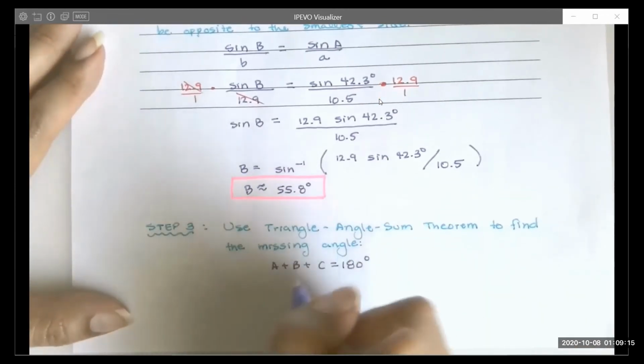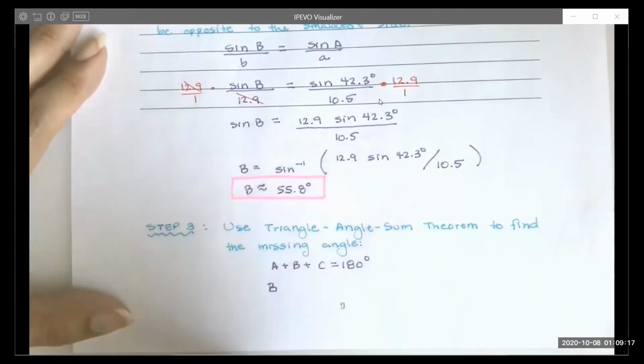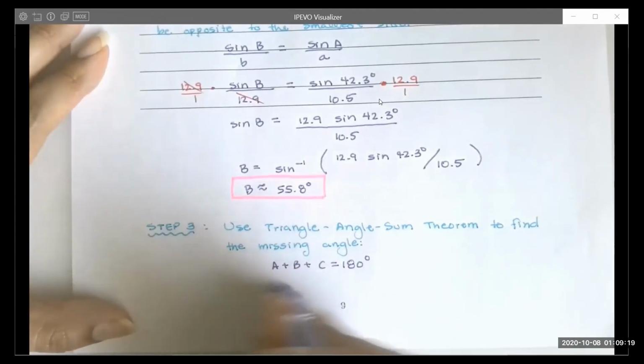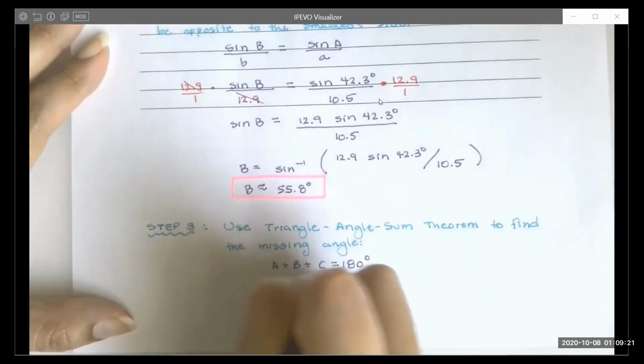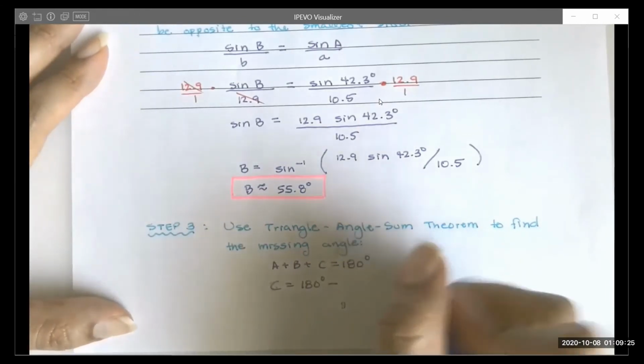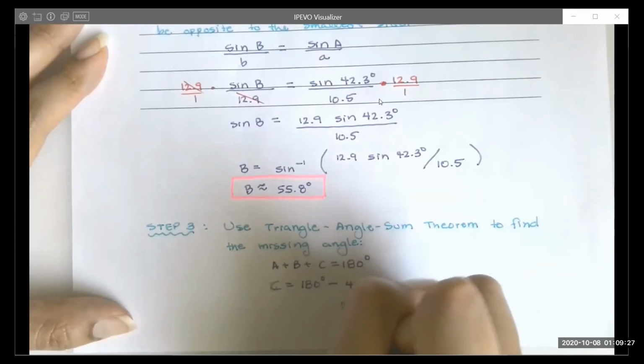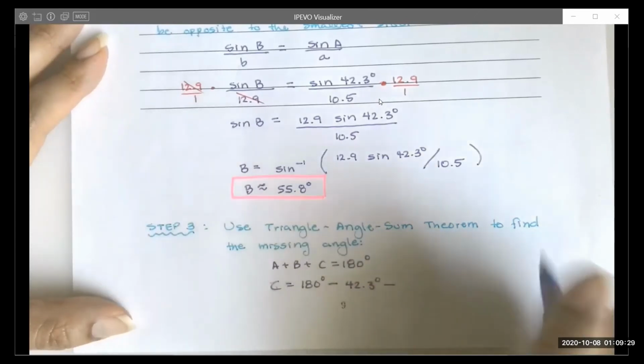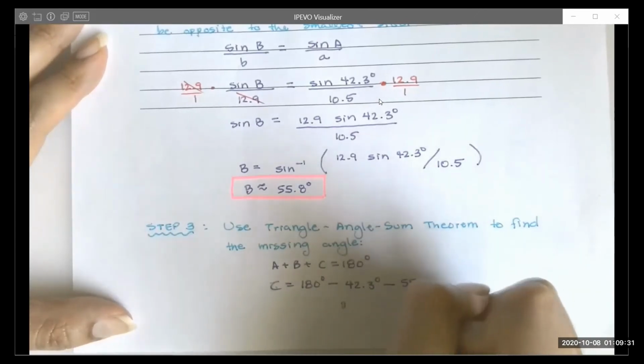And so that means that angle C, which is what we're solving for, will be equal to 180 degrees minus angle A, which was given, minus angle B, which we just found.